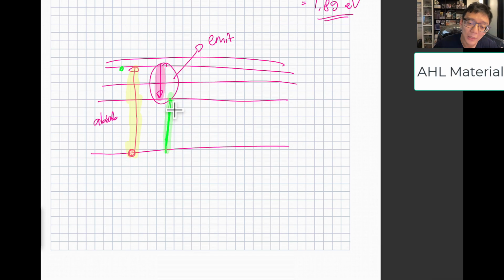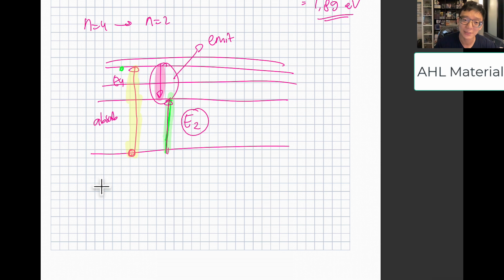The green part is the energy for the second shell, while this part is the energy for the fourth shell. So this is the electron going from the fourth shell to the second shell.